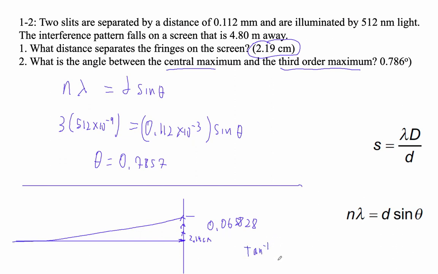Tan minus 1 of, I don't know if this is any easier, right? You can also, by the way, just find the angle in radians, convert it to degrees, but I don't even know if that's easier, right? It's just going to be the inverse tangent of that value divided by 4.8. Hey, look at that. I get the same thing. I get 0.7857 degrees. All right. Lots of ways to do these.